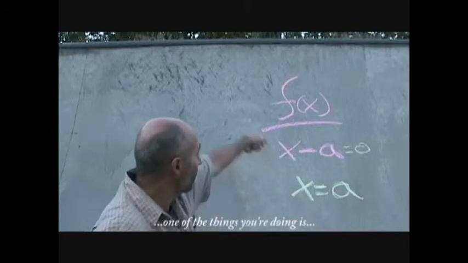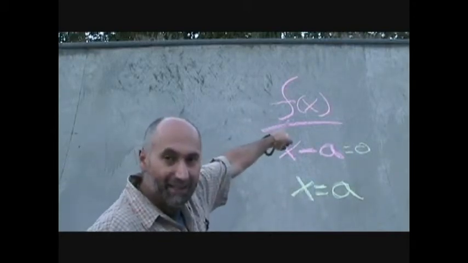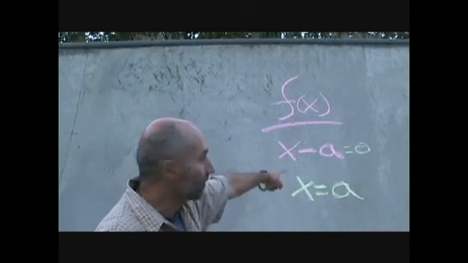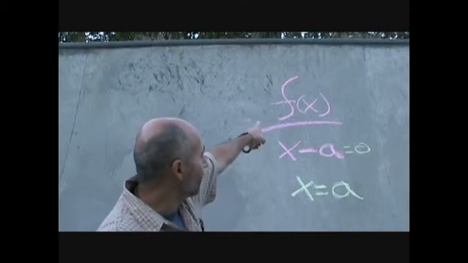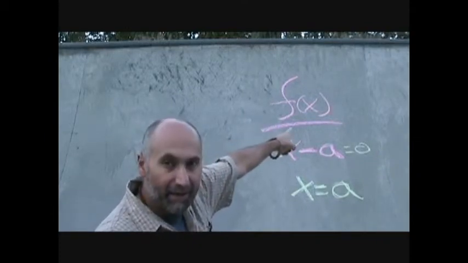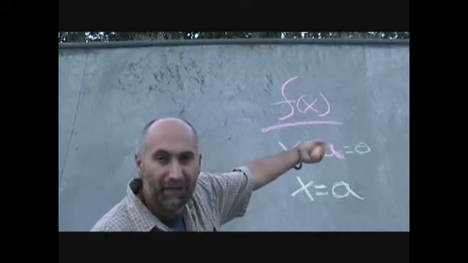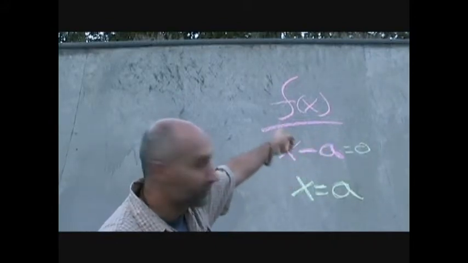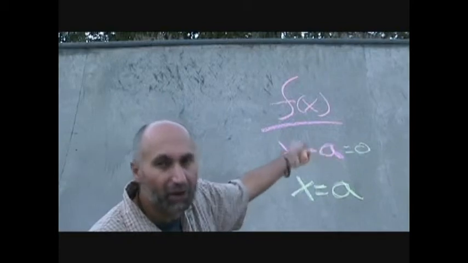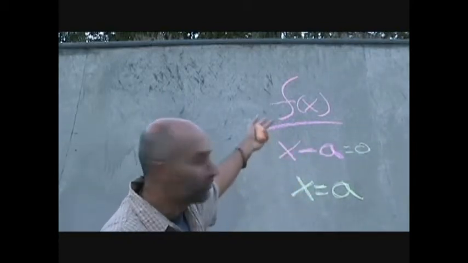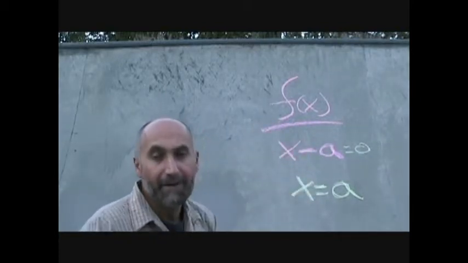So what you're doing is checking what your function is equal to when x is equal to a. You're solving for f of a, and that answer becomes your remainder when you do your division. We talked a lot about this in doing polynomial long division.